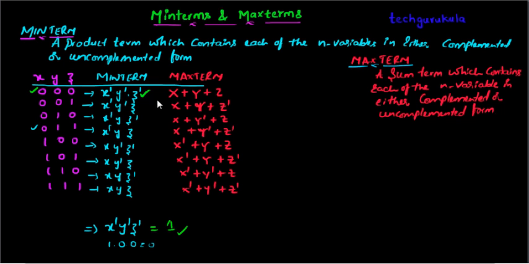These are the combinations. So you can see the corresponding minterms and maxterms for a particular combination of input.